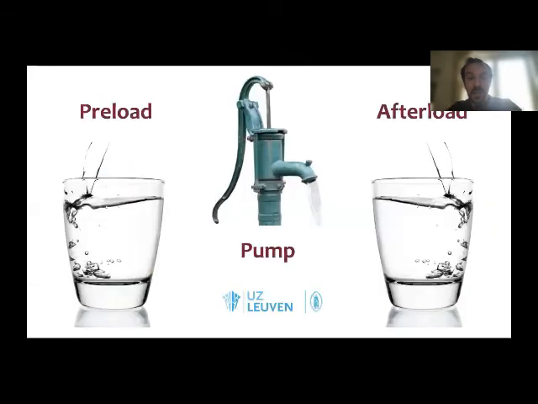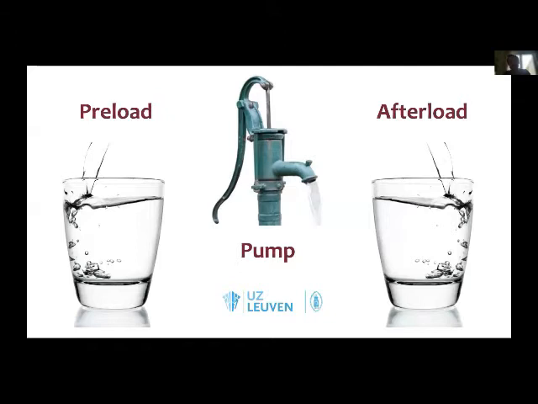So if we look at the different terms we need to describe patients in cardiogenic shock, and this has been very nicely introduced and shown by the previous speaker, we need preload, we need a pump function, and we need afterload. And when those 3 systems are nicely balanced, we have a patient that is functioning quite well.